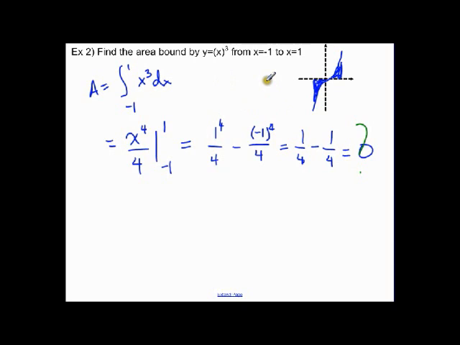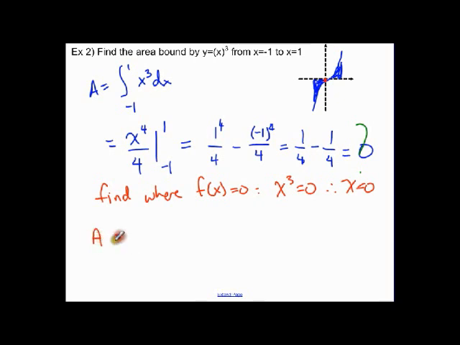So what we actually have to do is split this wherever the function intercepts the x-axis. This happens at 0. So we have to find where f of x equals 0. We say let x cubed be 0, so x equals 0 is a break. Now we have to break up our area.